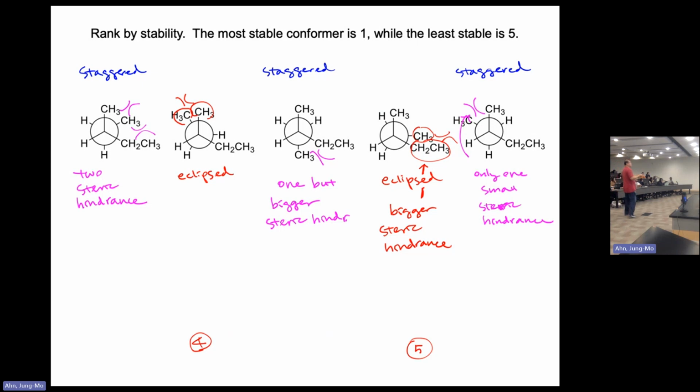So you may say that this one gets 1 kilocalorie higher, that one 1 kilocalorie higher, but this is going to be 2 kilocalories higher. So that should be number 3. And number 1 is basically comparing these two. That one's probably the best because we got the smaller ones in gauche, compared to the smaller one with the bigger ethyl. So this is what you need to do to sort them out.